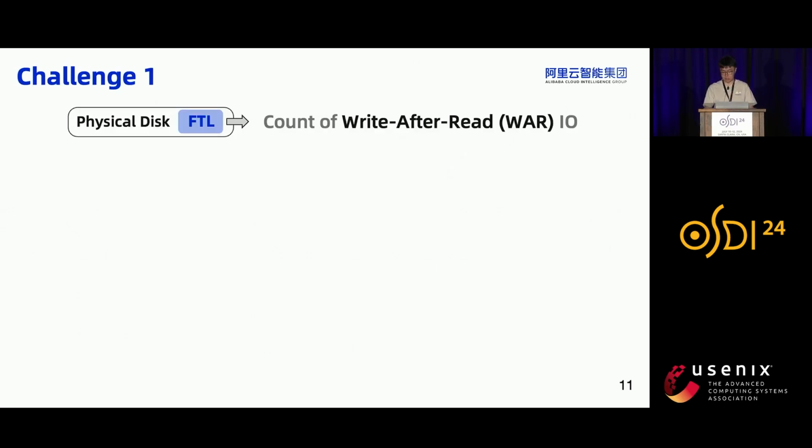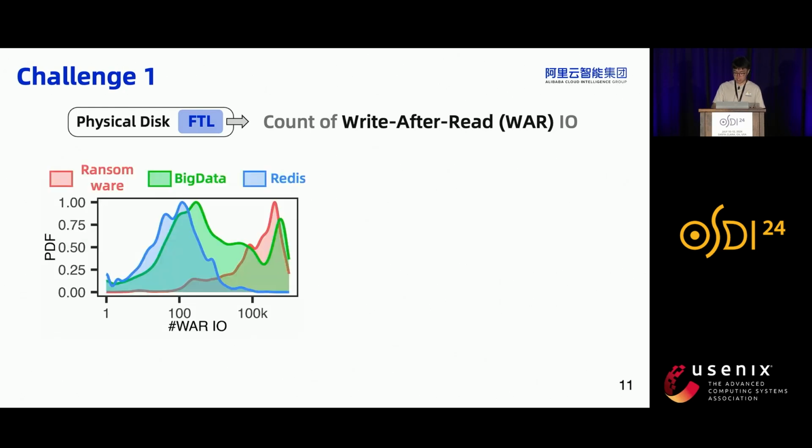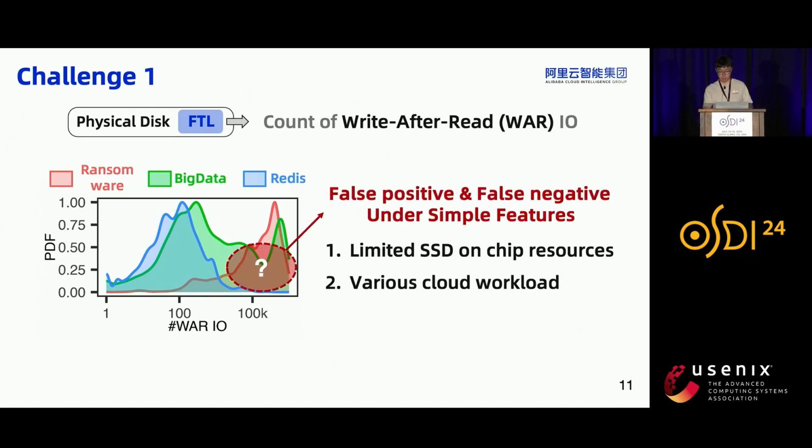However, this is simply too good to be true. In practice, we have encountered three major challenges. The first challenge is that SSD-based solutions are using simple features, for example, the write right after a read IO here. But if we replicate this practice, the results can have high false positives and negatives.